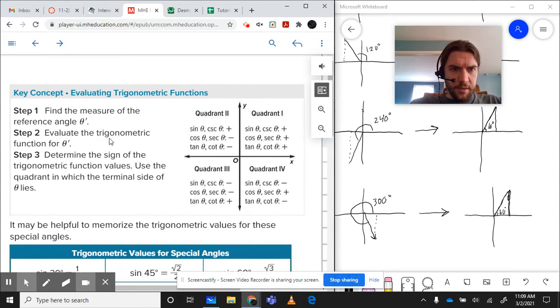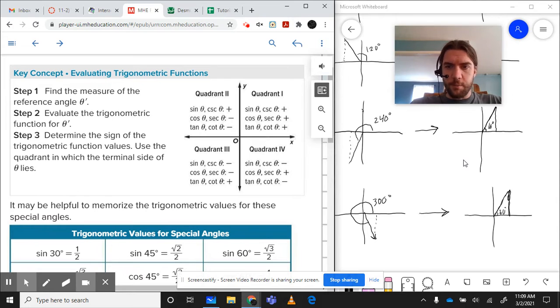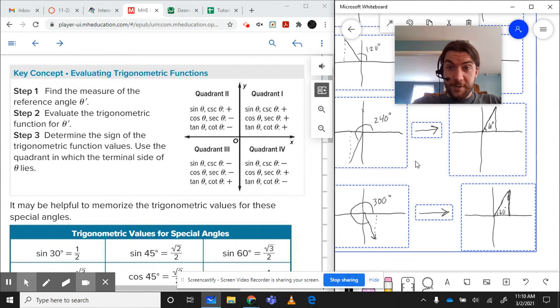Okay, second thing here. There's a lot of information in the book that they list that I find a little bit much. So, for example, they give you this little cheat sheet that says if you have an angle in quadrant 1, the sine of that angle will be positive, the cosecant will be positive, the cosine will be positive, the secant will be positive, the tangent will be positive, the cotangent will be positive.